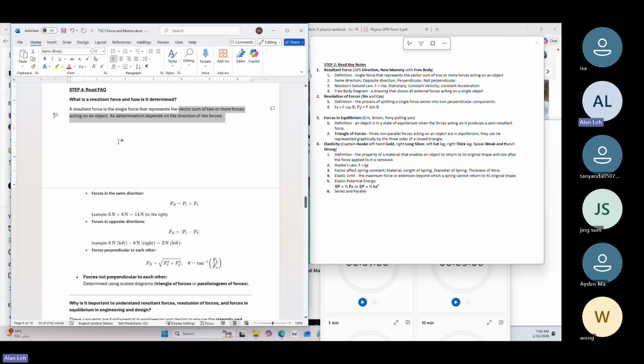So the resultant forces you can determine using 4 type of directions: same directions, opposite directions, perpendicular, or non-perpendicular, which is point number 2. Now you have new information, and the new information is the formula, right? If you do not remember this formula, it's fine. Don't worry. You just need to know there's new information that you need to store inside this drawer.